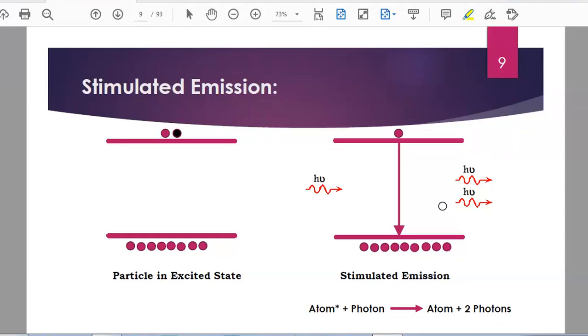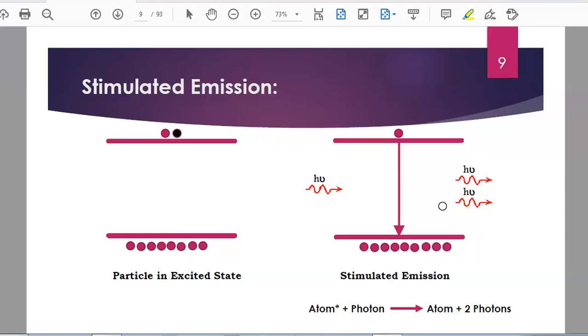But the important thing is which level's particles are participating. It is only the level 2 particles. Level 1 is not going to change. Only level 2 particles come down to the lower level. So this process depends on N2 and energy density.